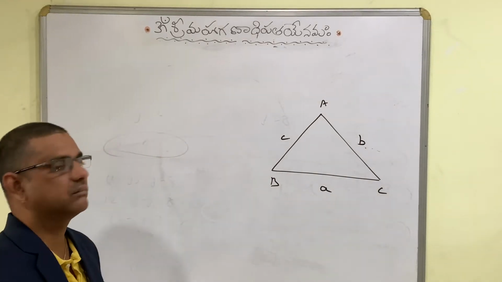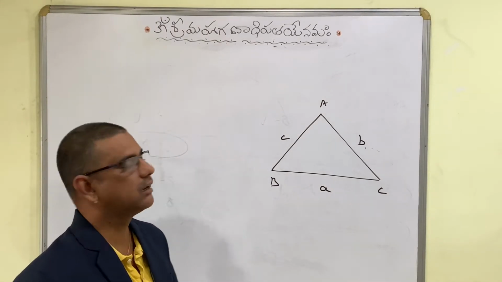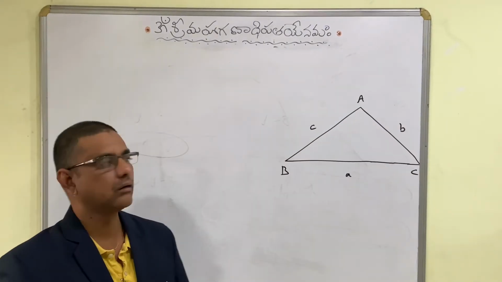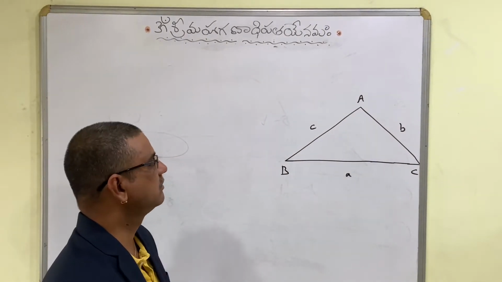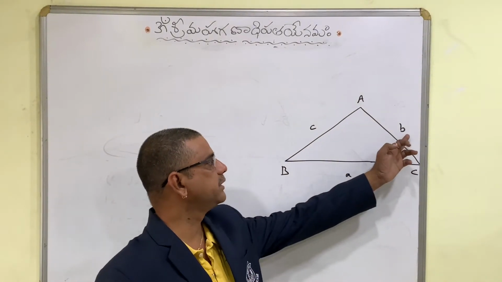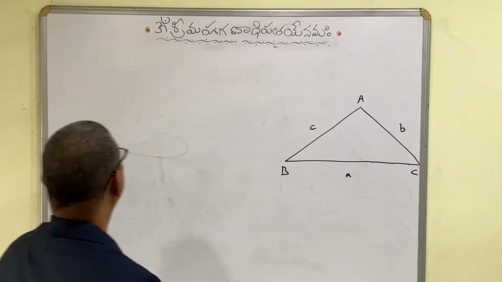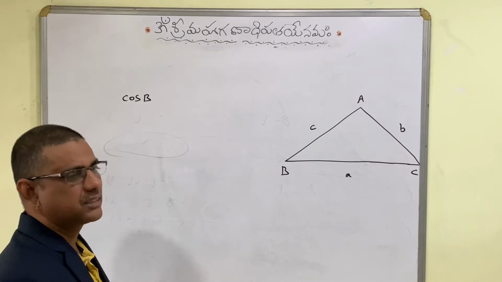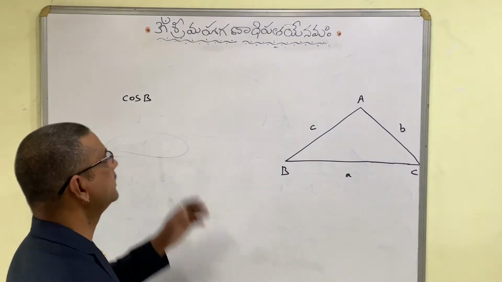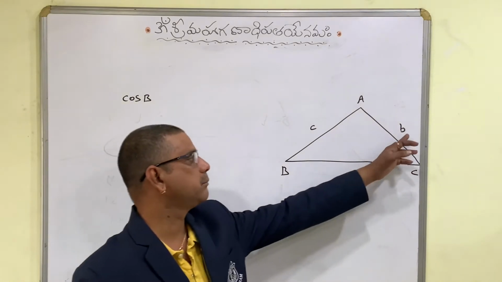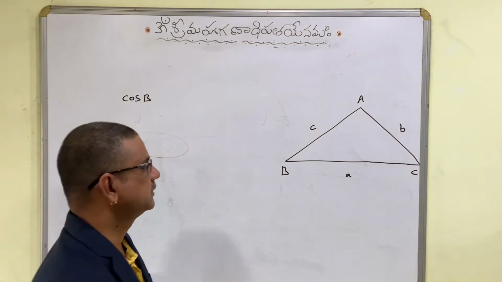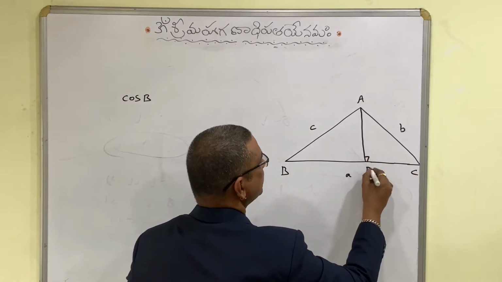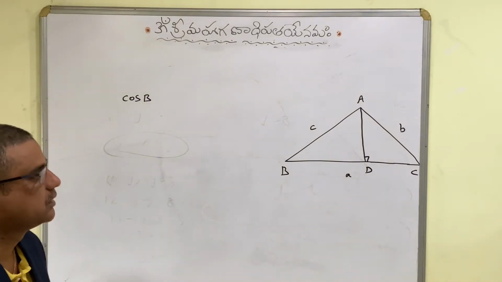There is a triangle ABC, a scalene acute triangle of sides A, B, C units, and we want to find the value of cos B. That means we need to express cos B in terms of the sides A, B, C. For that we draw a perpendicular from A to BC. AD is the perpendicular from A to BC.